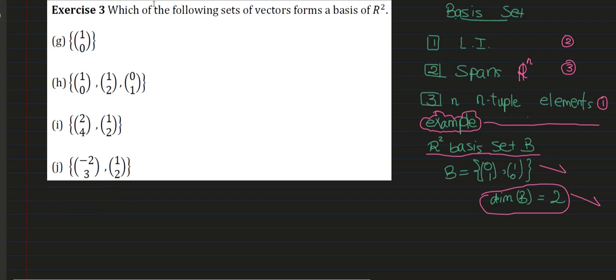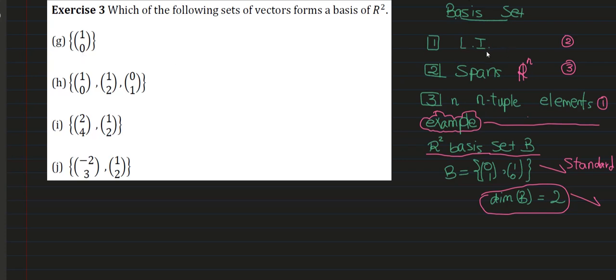Which of the following sets of vectors form bases of R2? We know the example that we discussed is a basis of R2. These are the standard bases of R2, only the standard, and we might have an infinite number of bases for R2. So can this set work as a basis set for R2?